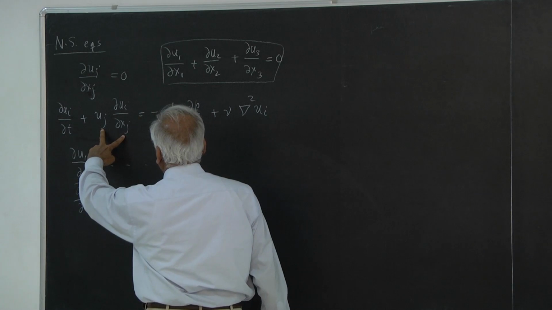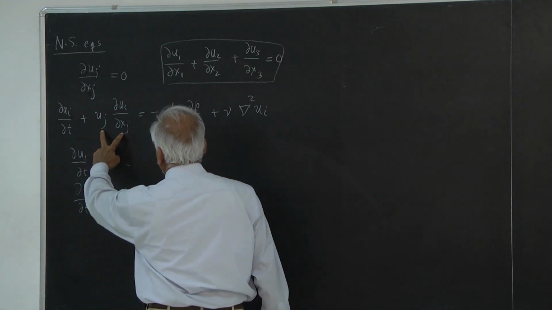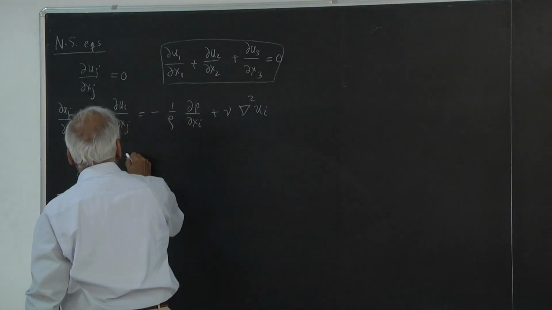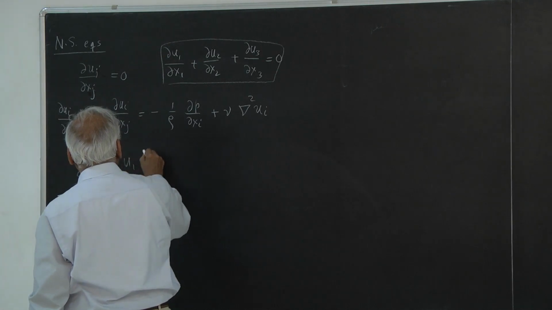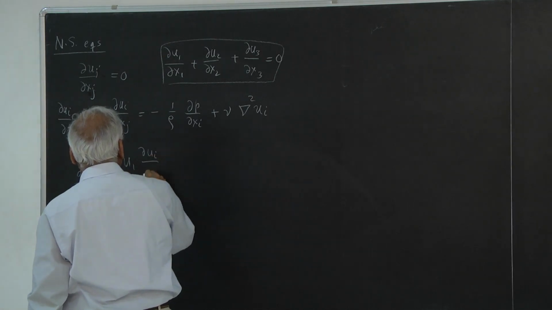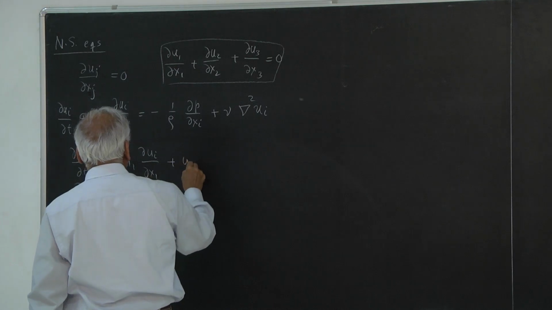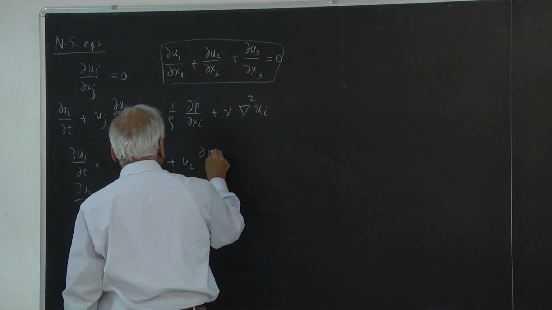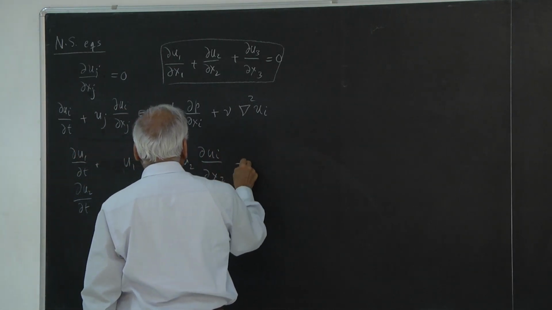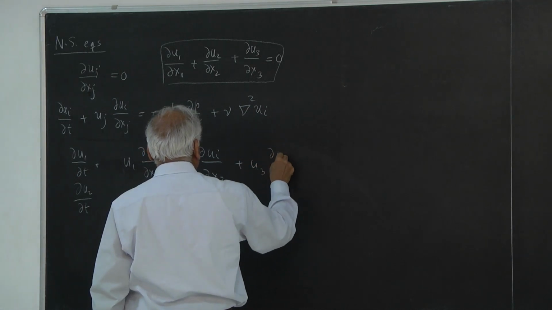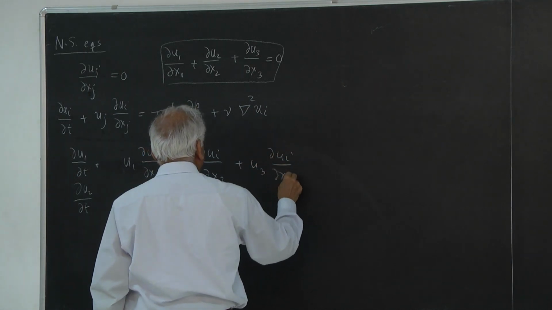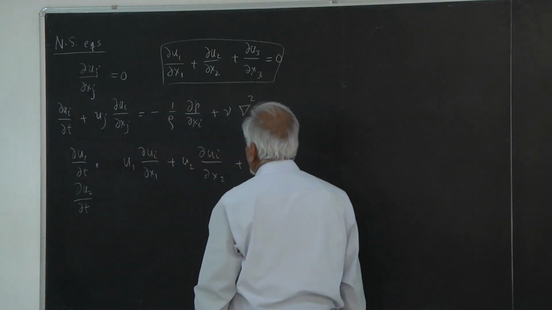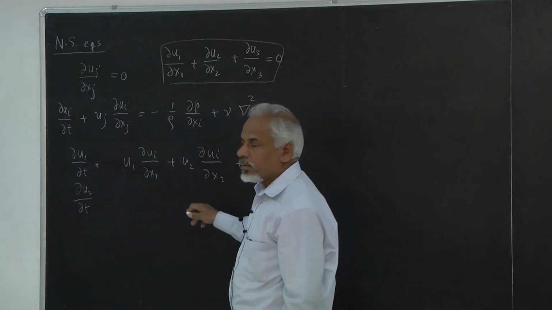So here j repeats itself, so it really is a shorthand for saying u1 dui dx1 plus u2 dui dx2 plus u3 dui dx3. Okay, you understand?